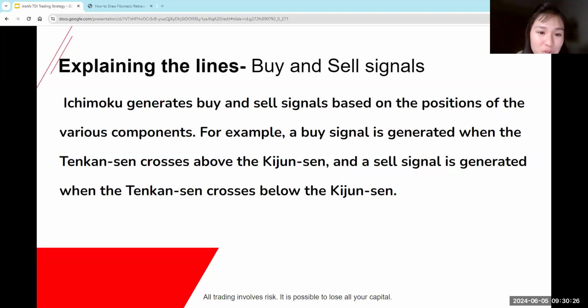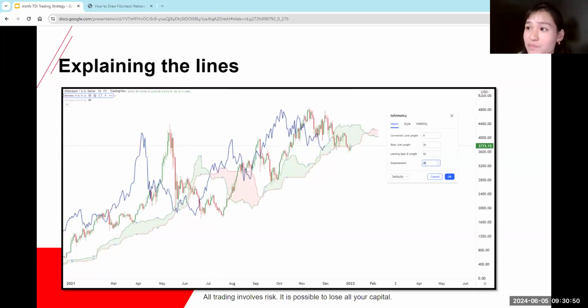Okay, so now the most important part, I think, would be your buy and sell signals. So Ichimoku generates your buy and sell signals based on the positions of the various components. For example, a buy signal is generated when the Tenkan Sen crosses above the Kijun Sen, and a sell signal is generated when your Tenkan Sen crosses below the Kijun Sen. So like this.